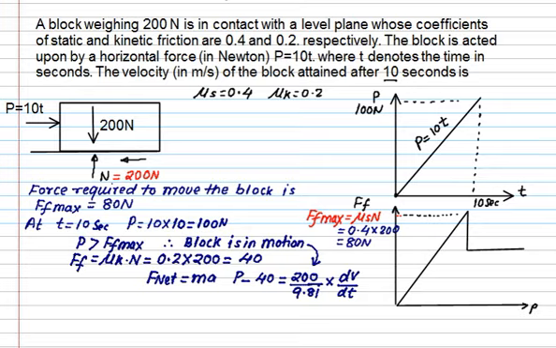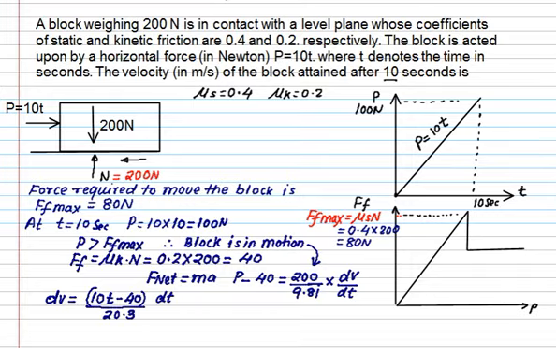This is a simple differential equation, so we will separate the variables and we will get dV equals, now P will be equal to what? 10 times T minus 40, multiplied by dt, and this is multiplied by 9.81 divided by 200.